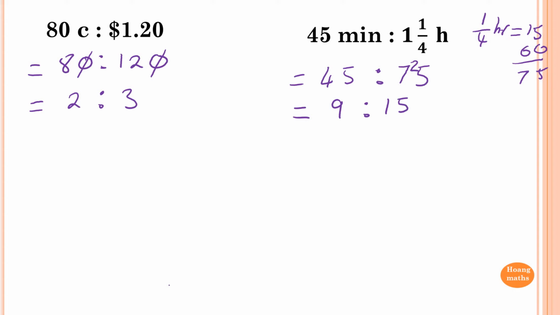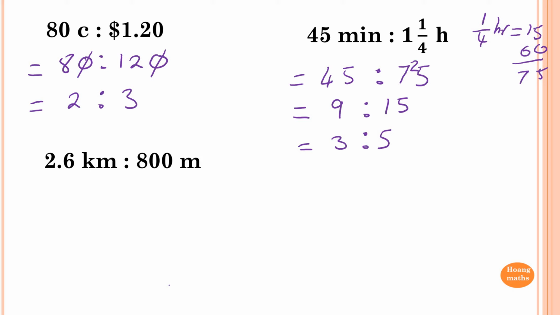Of course you can reduce further by dividing by 3. That gives me 3. 15 divided by 3 is 5. So 45 minutes to 1 1/4 hour is the same as 3 to 5.